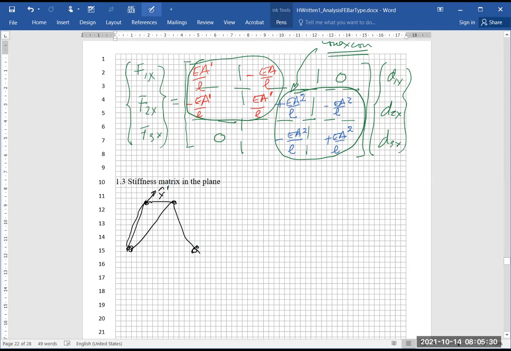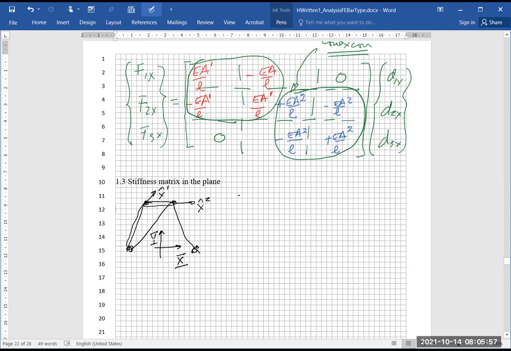But if you want to analyze this, which is connected in this joint, this is going to be the local X for the second element. So what do we do here? What we do is we establish a global reference system. For example, let's call it large X, large Y.